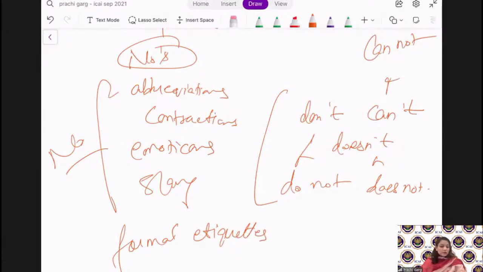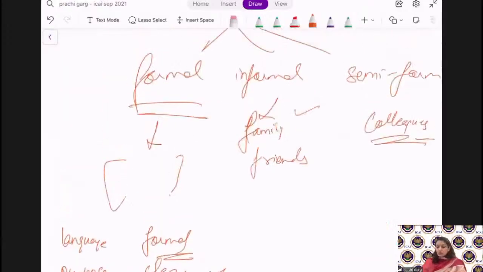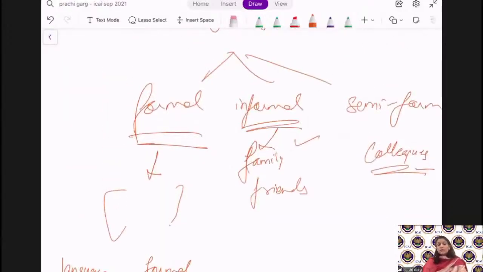Now, based on this, you have to tell me what all you think is allowed in formal email writing. Quickly tell me.